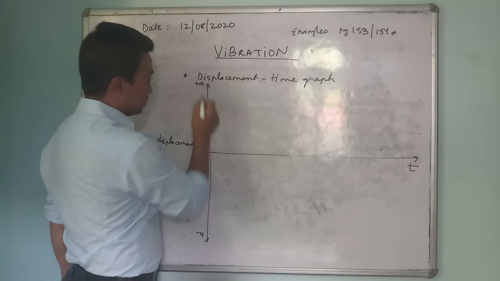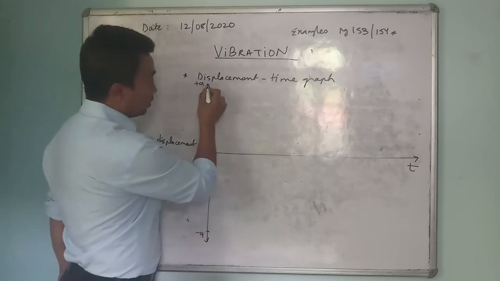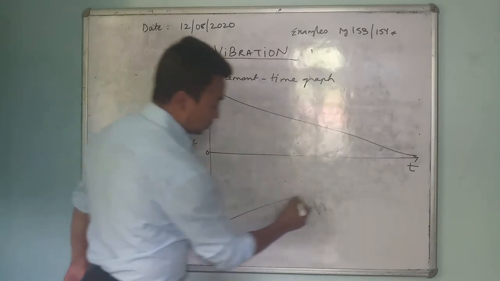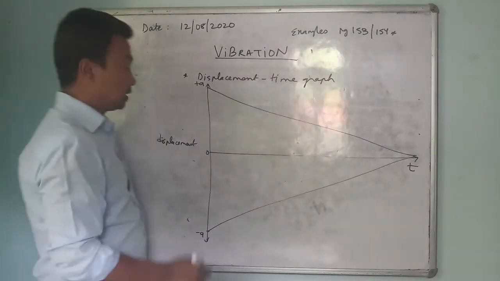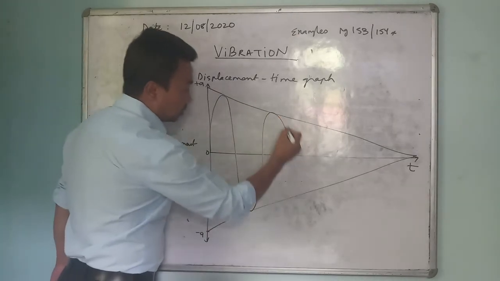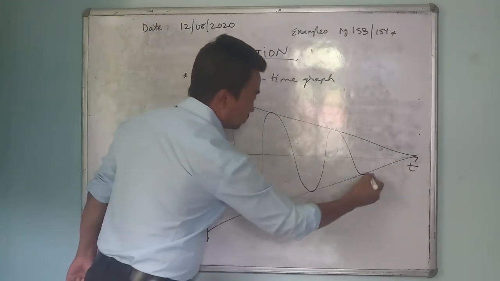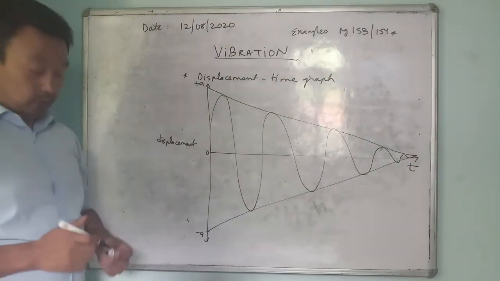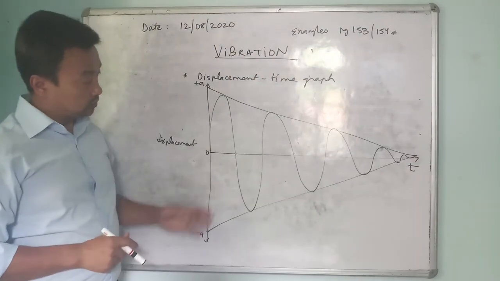So let us start from this point and let it come here. This is a rough sketch. Please refer to the textbook and make a neat diagram in your exercise copy. Okay, now what happens here is obvious.